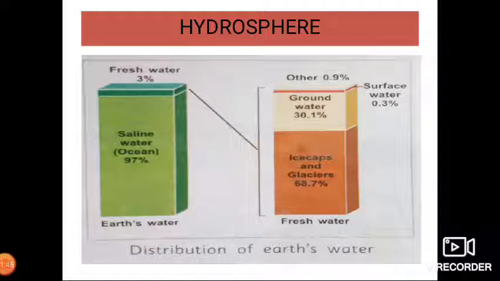And again, this 3% water is divided into different parts: 68.7% is in the form of ice caps and glaciers, and 30.1% is in the form of groundwater, 0.3% is surface water, and 0.9% is in the form of other.